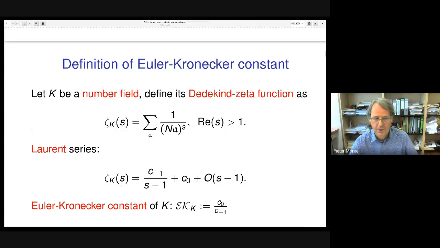Again, as before, we can look at the Laurent series. The residue is not 1, but a much more complicated thing. It's a very interesting invariant of the number field, or actually a combination of invariants of the number field. It involves the class number and the regulator.